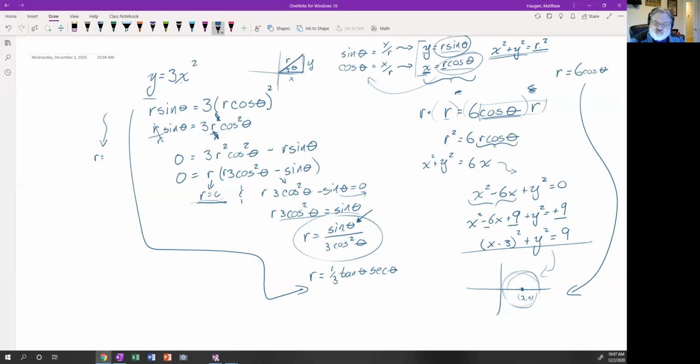And frankly, this 6, if it was anything else, half of that 6 tells you where the center is and what the radius of that circle is. So it essentially turns us into pretty much a polar equation for circles along that x-axis.